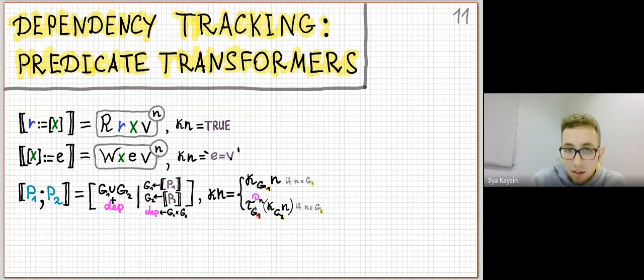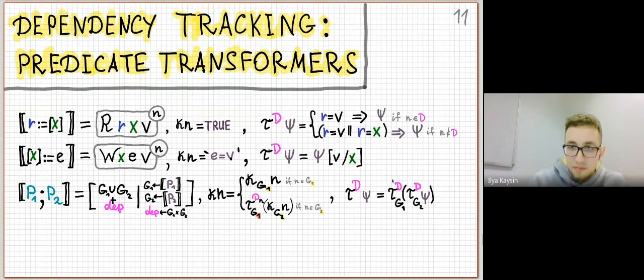So let's add taus. Let's add our predicate transformers. For sequential composition and for write, predicate transformers are almost the same as weakest precondition. For sequential composition, it's just a functional composition of predicate transformers of G1 and G2.